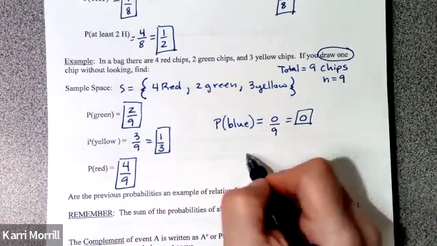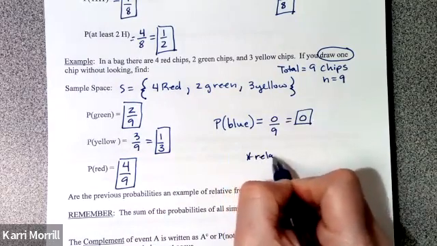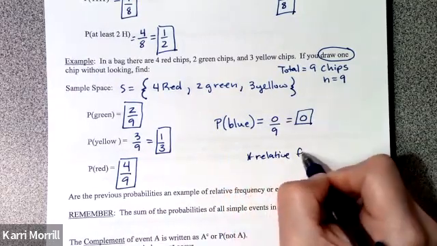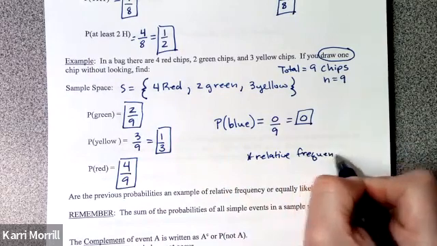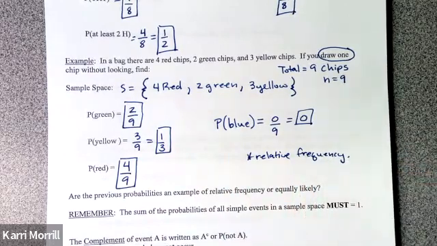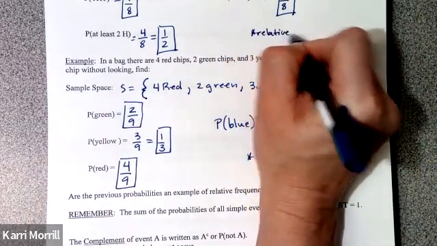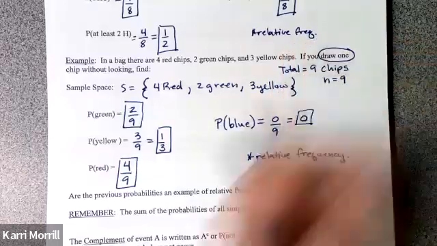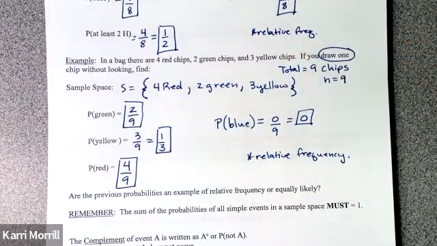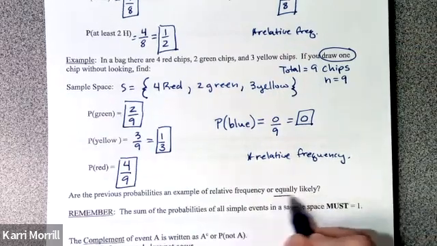So again, these are all referred to as relative frequency. I keep saying that just to identify some terminology. Within relative frequency, if 2 frequencies are exactly the same, that's when we talk about equally likely.